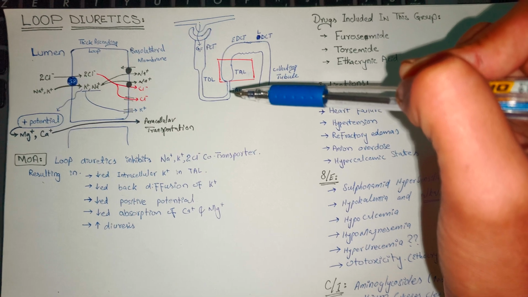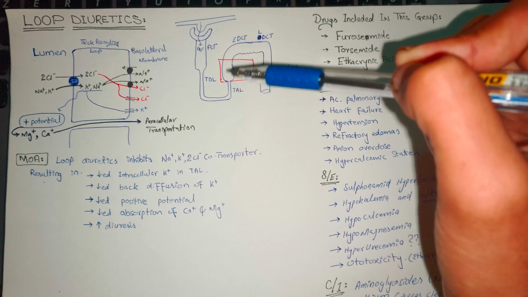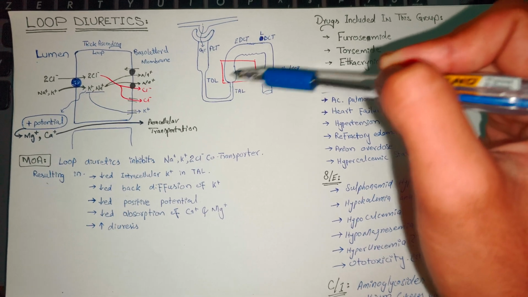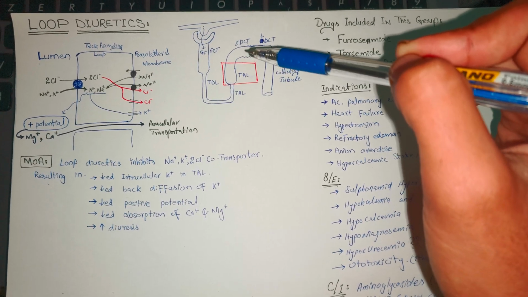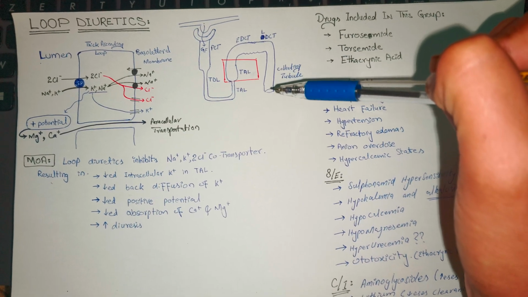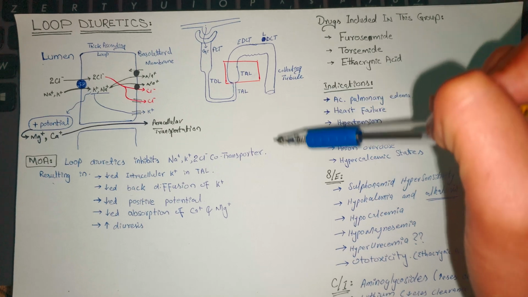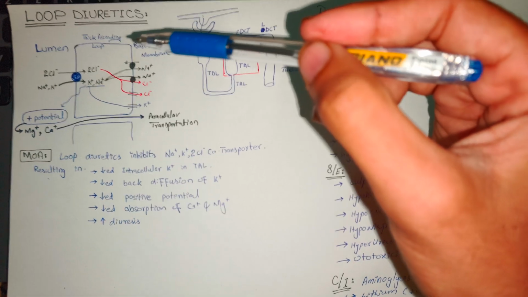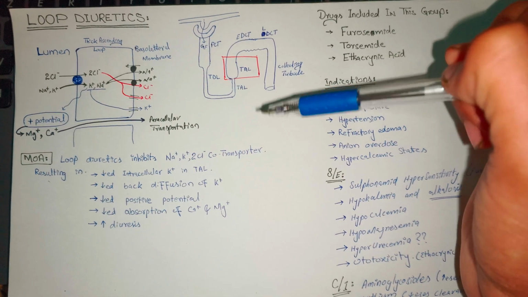Then we have the thin ascending loop. Then, finally, the main area of discussion for today's lecture is the thick ascending loop, then the early part of DCT, the late part of DCT, then the collecting tubule, and then it will go to the renal pelvis and straight from the ureter to our bladder.